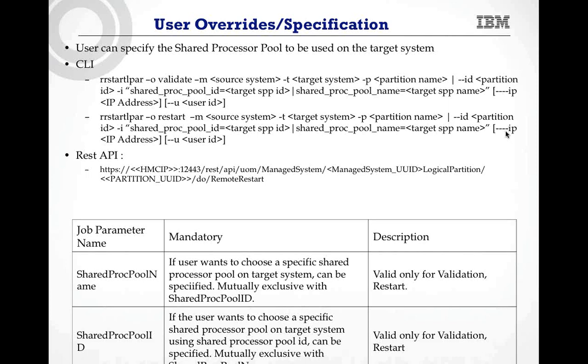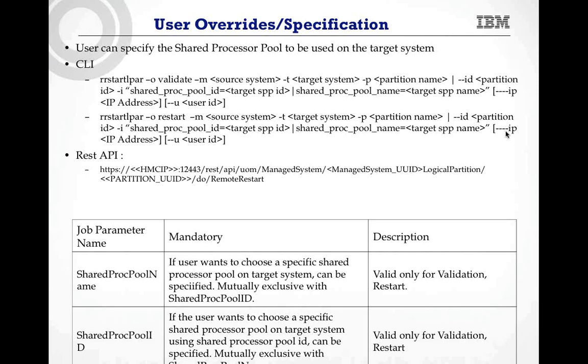So what we have found when I talk to customers about live partition mobility is that when they want to move things, some customers want to have complete control of where this partition ends up on the destination server. And the HMC command line for LPM has all those options on it. The remote restart command did not have those options.